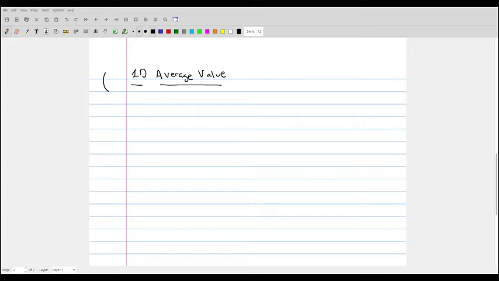the average value of a function is defined as follows.